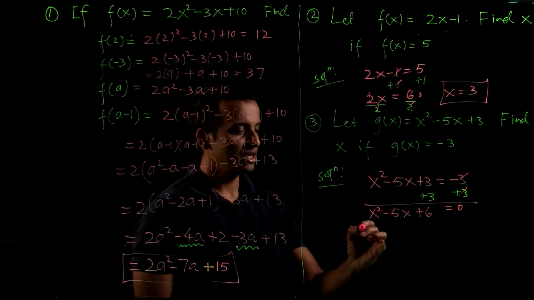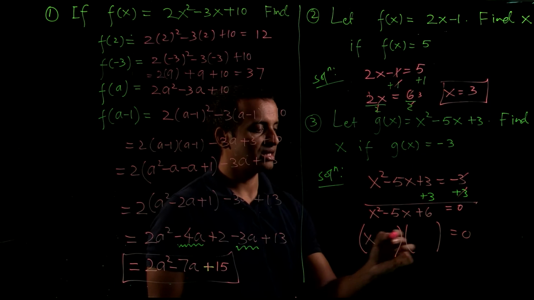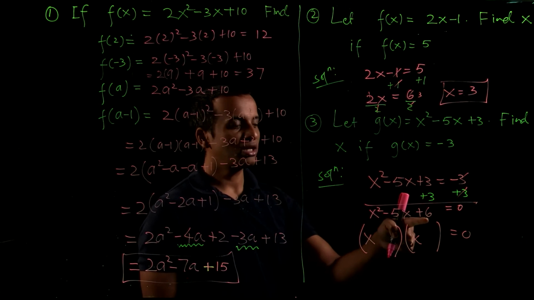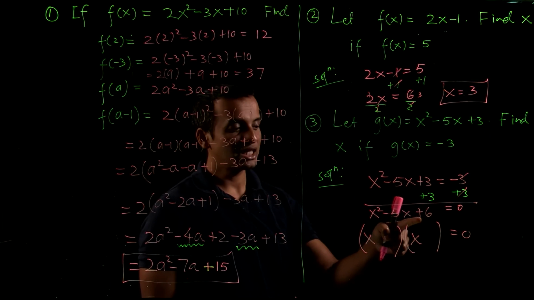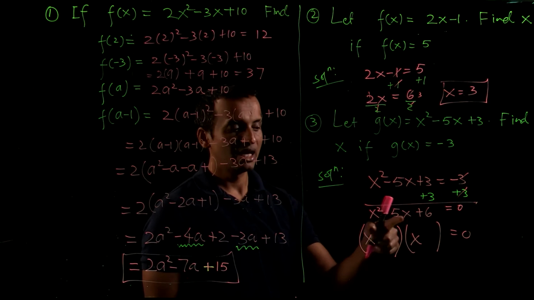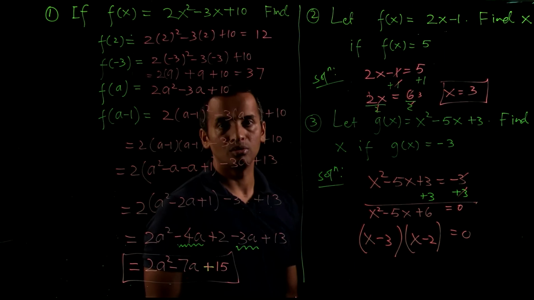Let me factorize that. So what you do is write down x here and then x here. Now give me two numbers whose product is positive 6 and the sum is negative 5. That is negative 3 and negative 2.